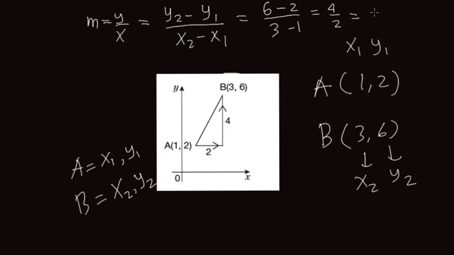And then our gradient is positive 2. Like I said in the previous theory, when the condition of the gradient is like this, the gradient must be positive.